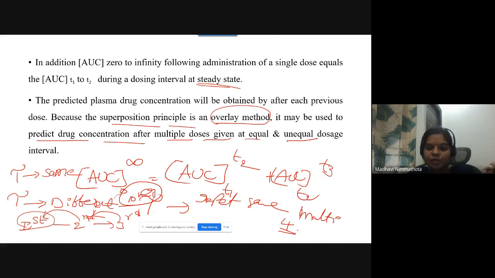So after the fourth dose, how much drug will be available in the plasma? Either it may be 10 microgram per ml or it may be decreased after completing our nth dose. Then it is very easy to predict the drug concentration after multiple doses given at equal and unequal dosage intervals. In this repetitive dose administration, each and every word is important.